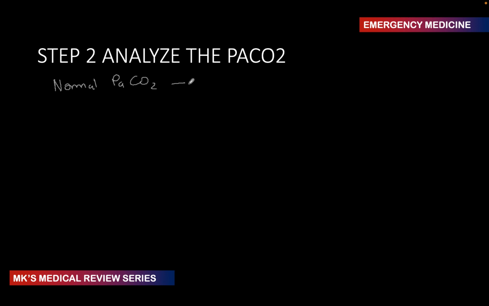The blood pH ranges between 7.35 and 7.45, so the last two digits after the decimal point are 35 and 45. So the normal partial pressure of carbon dioxide is 35 millimeters of mercury to about 45 millimeters of mercury.